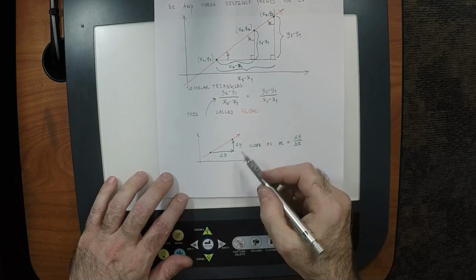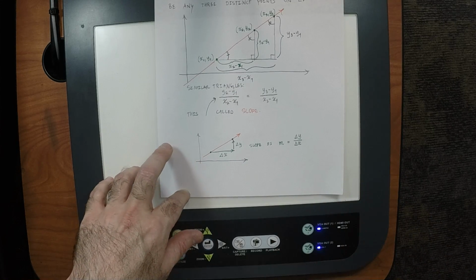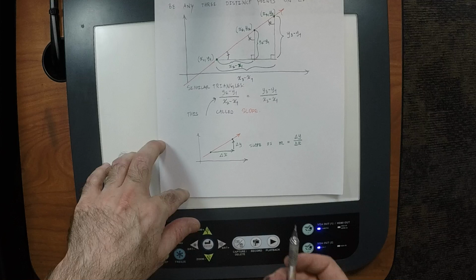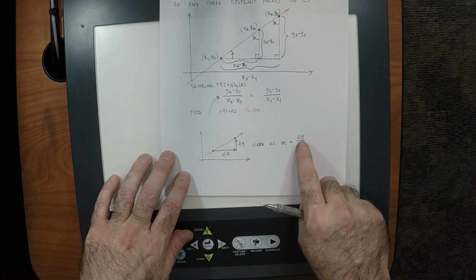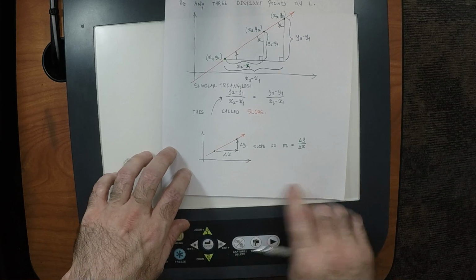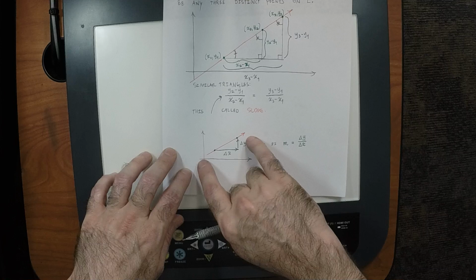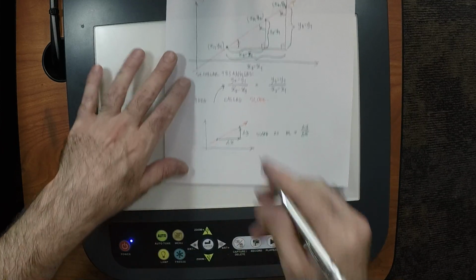And for this picture, is delta y negative or positive? Positive, because it's pointing up. So delta y is positive, delta x is positive, so the ratio is positive. Such a line is said to have positive slope.